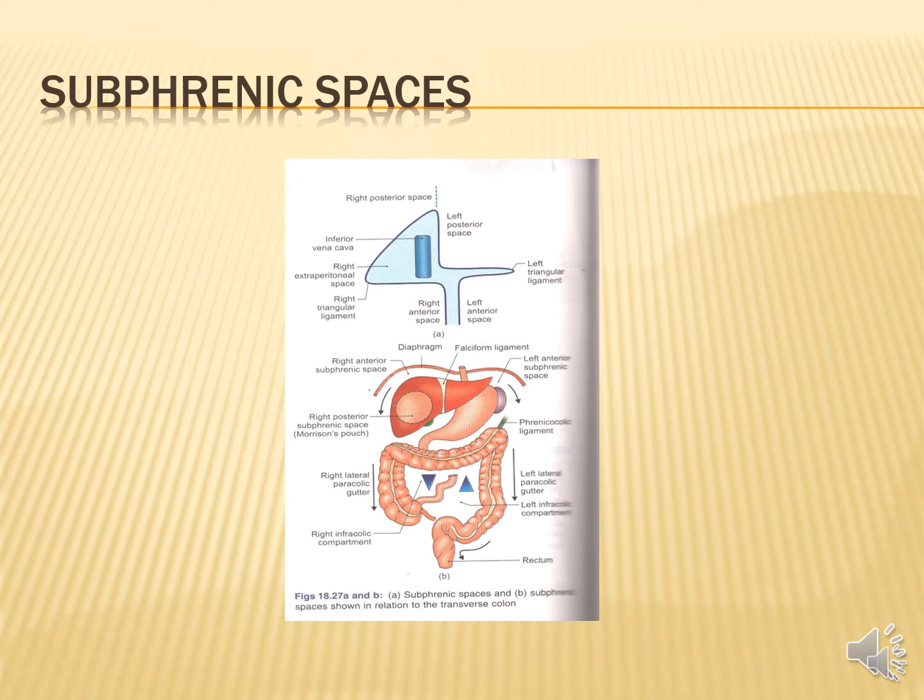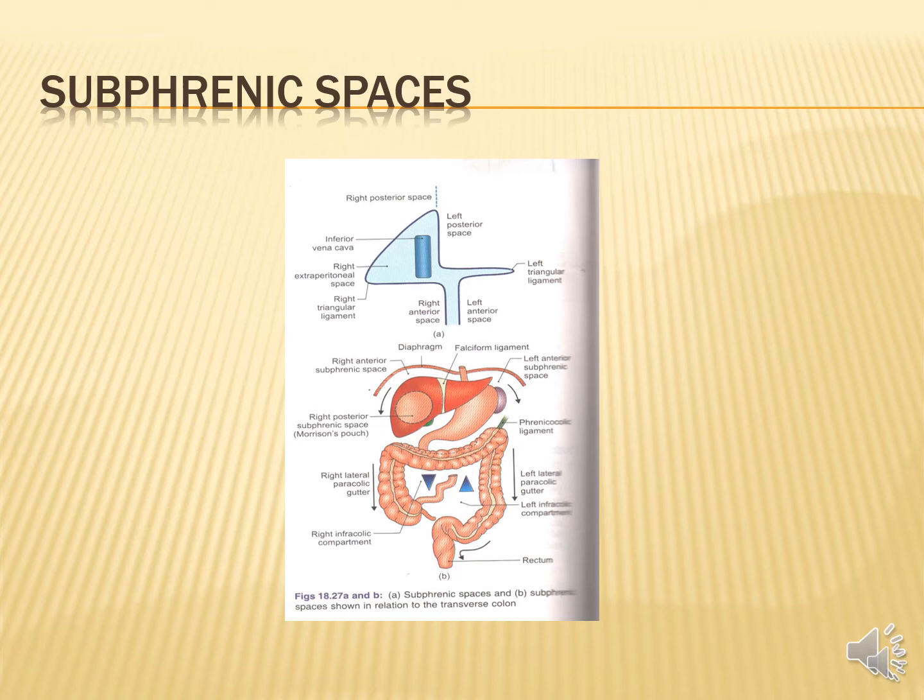As we can see in this diagram, here we can see the intraperitoneal spaces: right anterior, right posterior, left anterior, and left posterior. So first we will discuss the left anterior space.